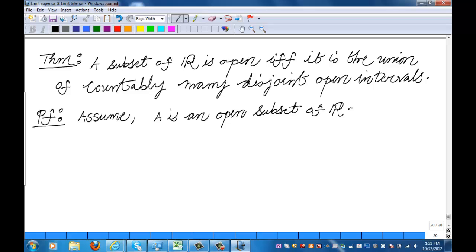Disjoint open intervals whose union would be equal to A.